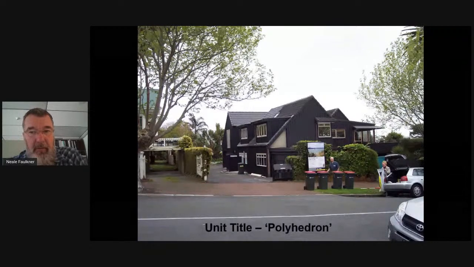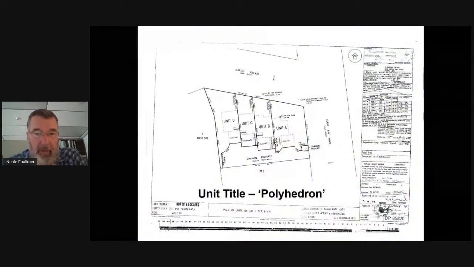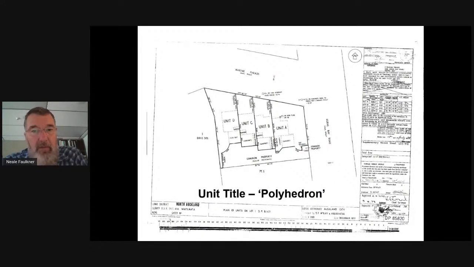This development that you're looking at right here has 4 units, and this is the unit plan for it. You can see that the units are basically blocks or boxes of space within which the residential unit is contained, and that's detailed by the dotted outline on this particular plan. The advantage of the polyhedron approach is if one of these unit owners wanted to do an extension to their unit out to the side, for example, they could do that and they wouldn't render their title defective.